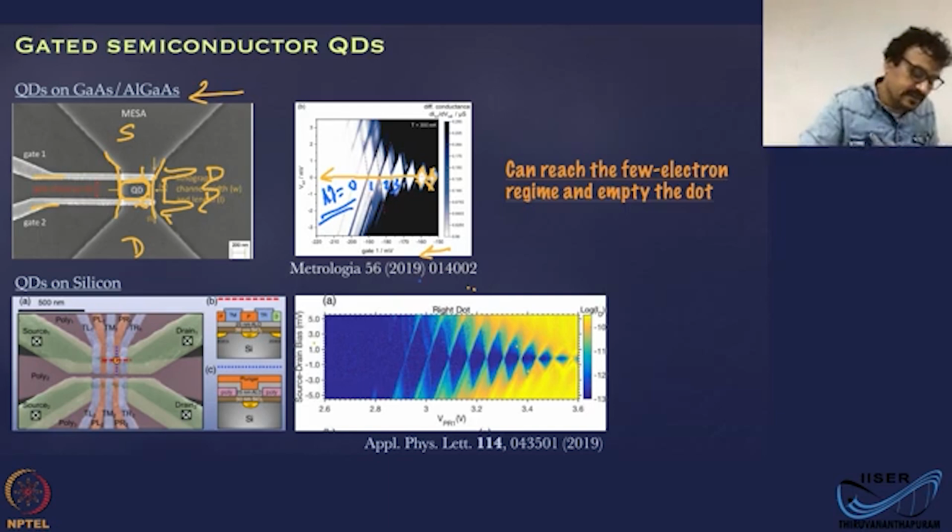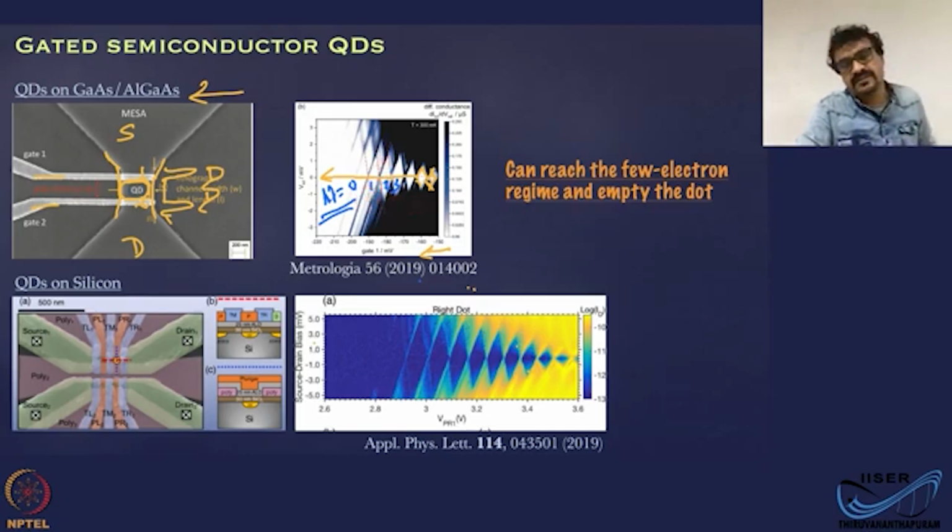That is a region which is going to look something like this. Then you increase the gate voltage, make it less negative, and you can see that the diamond will start closing. That is your first one, then second, third, and so on.